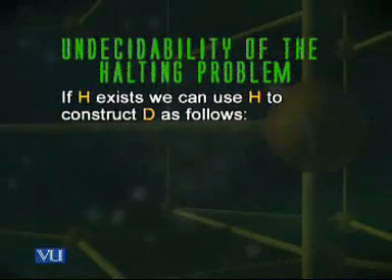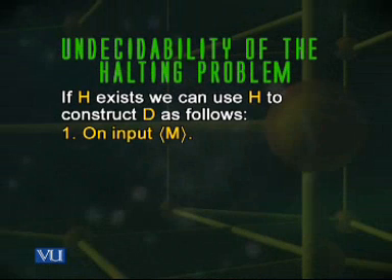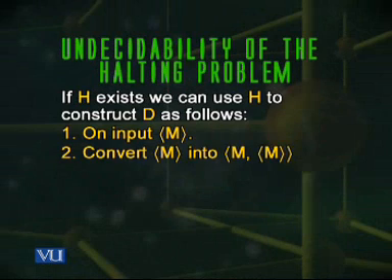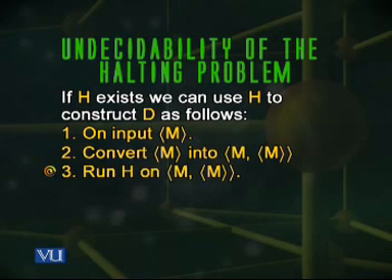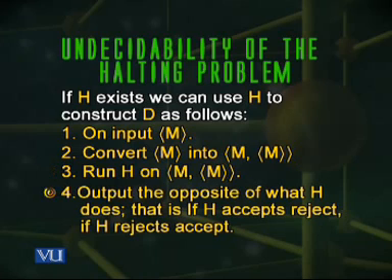What we did was we started with this Turing machine H, and using H constructed a new Turing machine called D. Let's have a look at D. We use H to construct D. D converts its input M into the pair M followed by the description of M and calls H. It returns the answer that is the opposite of the one given by H. So the Turing machine D takes the description of another Turing machine M and tells us whether M will accept its own description or not.